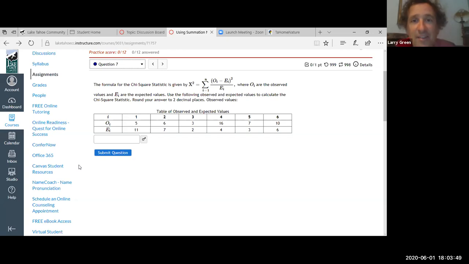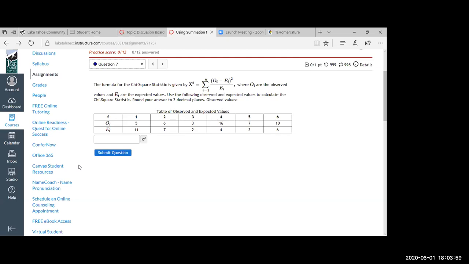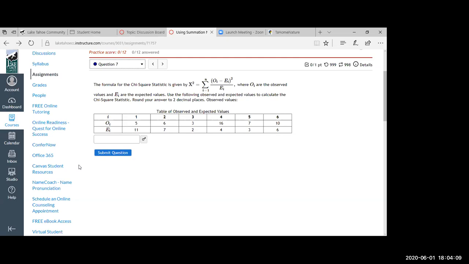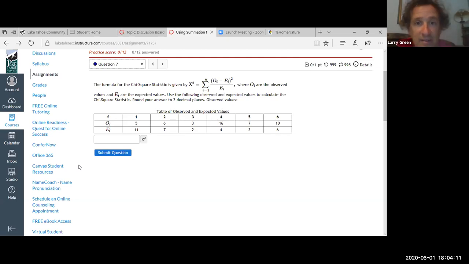Yeah, so let's start with the first one. Let's do an example. We're going to take O is 5 for i equals 1. Do you see that? Okay. E is 11. And for order of operations, you have to do the inside of the parentheses first. So we do 5 minus 11, which is negative 6.